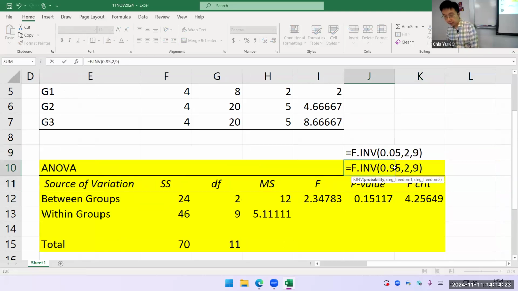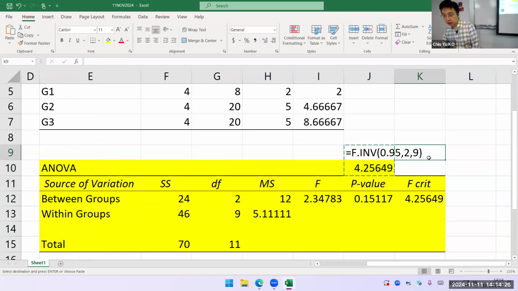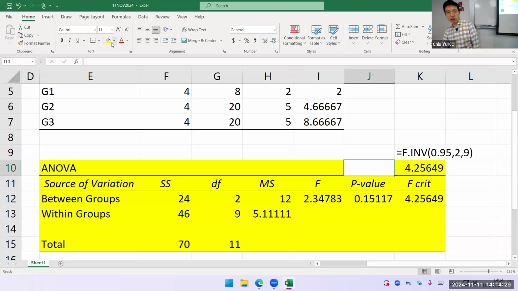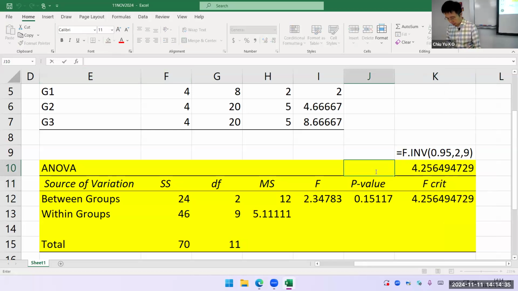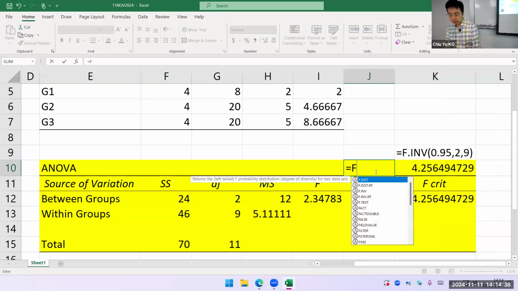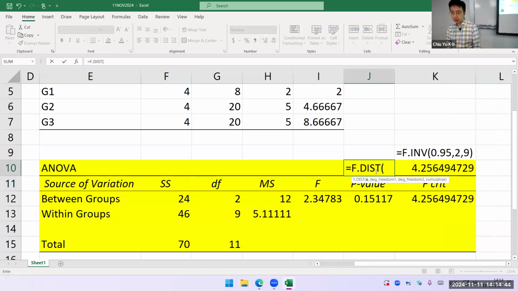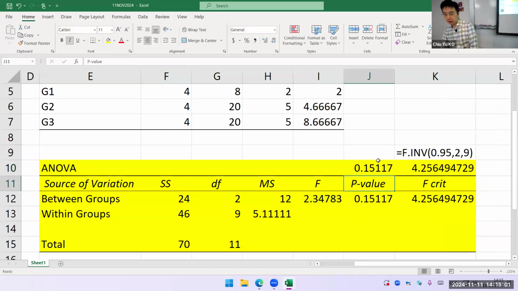It should be the p-value, this one, because this is the part that's the right tail test. How do we get the p-value? The p-value will be the F.DIST of this number, and then 2, 9, TRUE. Because this gives me the left hand side, I have to subtract from 1. So that is the formula there.